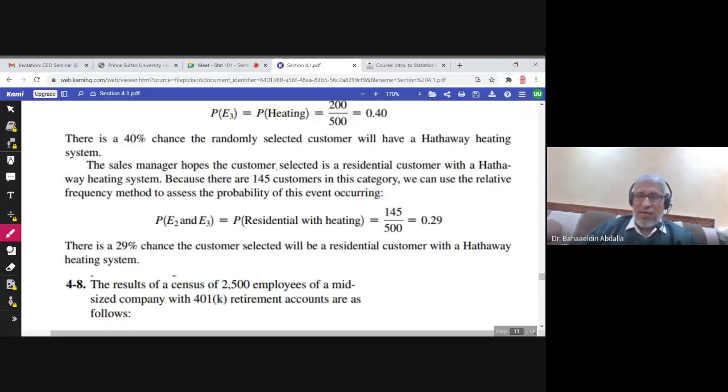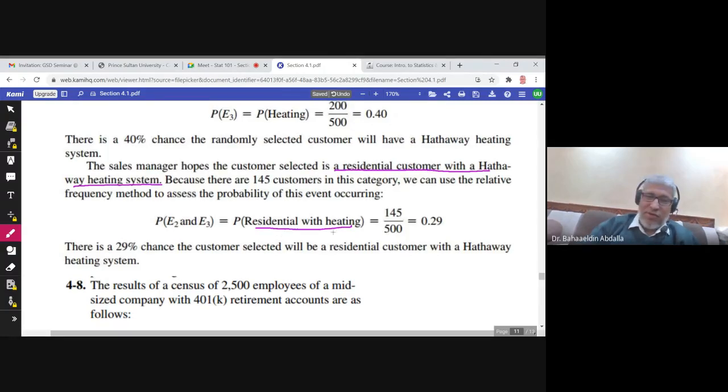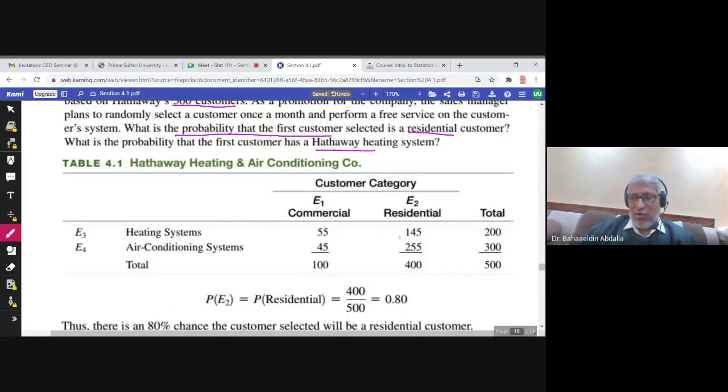Hathaway heating system. Notice that we can find the intersection probability. Here he is asking residential with heating. The sales manager hopes the customer selected is a residential customer with a heating system. So if you look at the table, 145 are residential with heating systems.